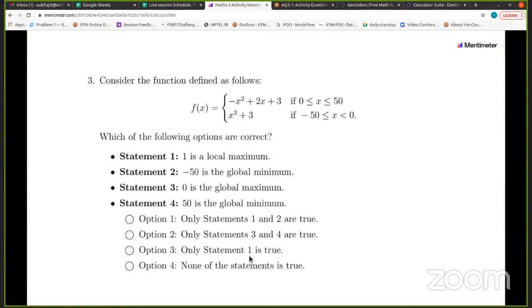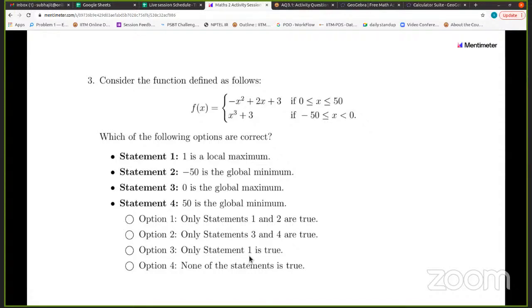Is it clear? The second point, x cube plus 3, where minus 50 is the global minima, is not clear to me, because I tried to find the second derivative and it doesn't exist. But then you have to check the boundary points, right? Minus 50 and plus 50 are the boundary points of that interval.